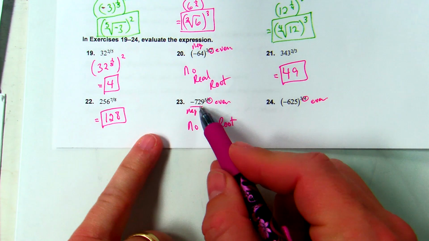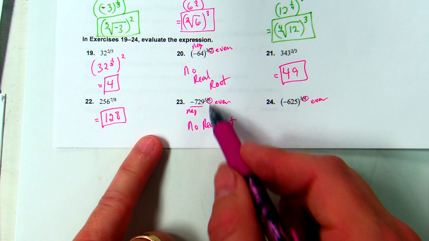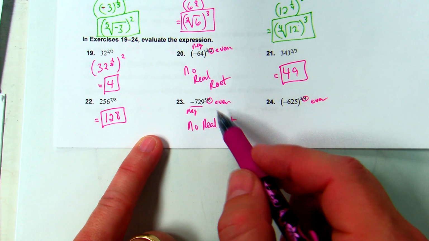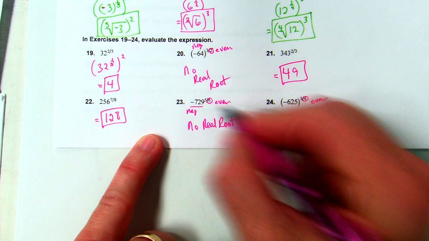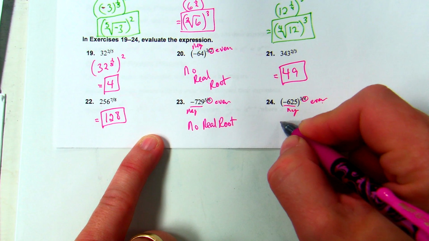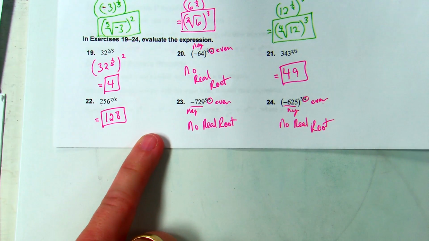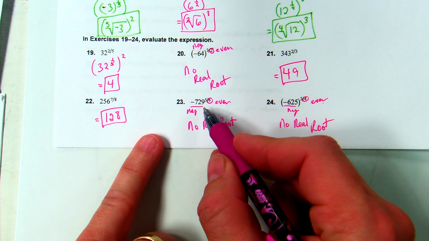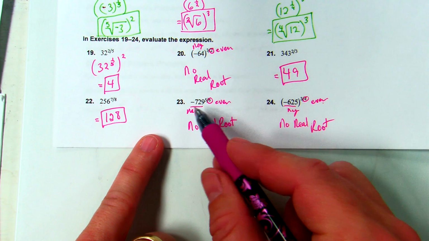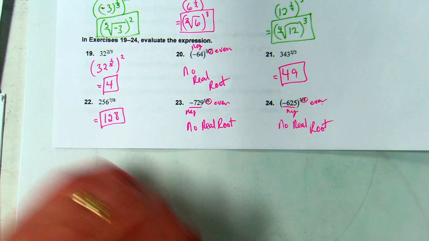Now this one we could argue that you could have the negative of 729 to the 5/6, but I'm going to go with the same hard fast rule here for now, that that's a negative 729, and so because it's even and that's negative, again we're going to have no real root. Okay? And we may come back and argue this later, but for now just stick with the fact that we're taking that as a negative 729, and we're taking the 5/6 root of that.